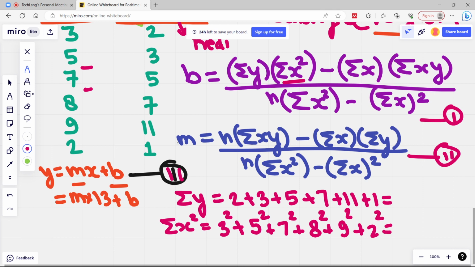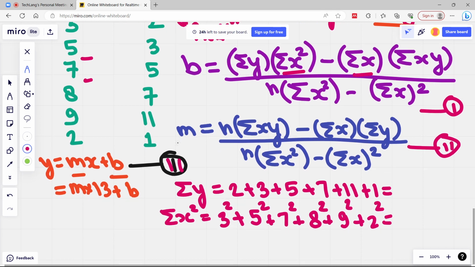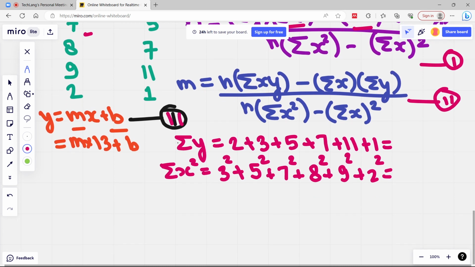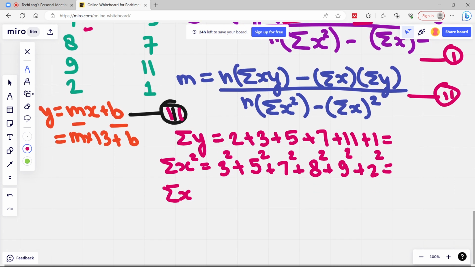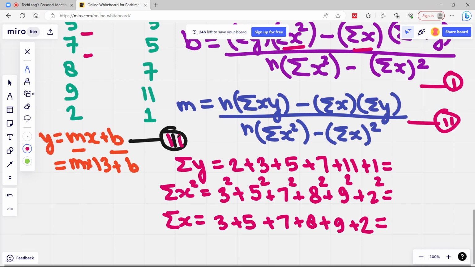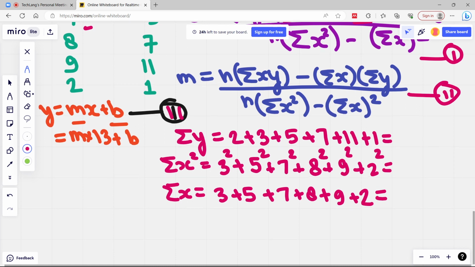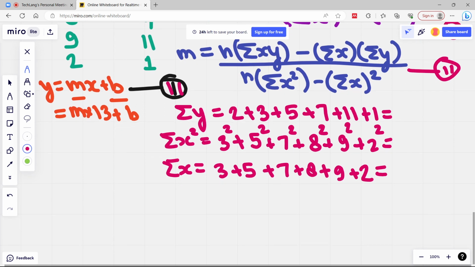I don't know. The third term is summation of x. Summation of x would be 3 plus 5 plus 7 plus 8 plus 9 plus 2. What would be the value here? Then finally we get x into y.